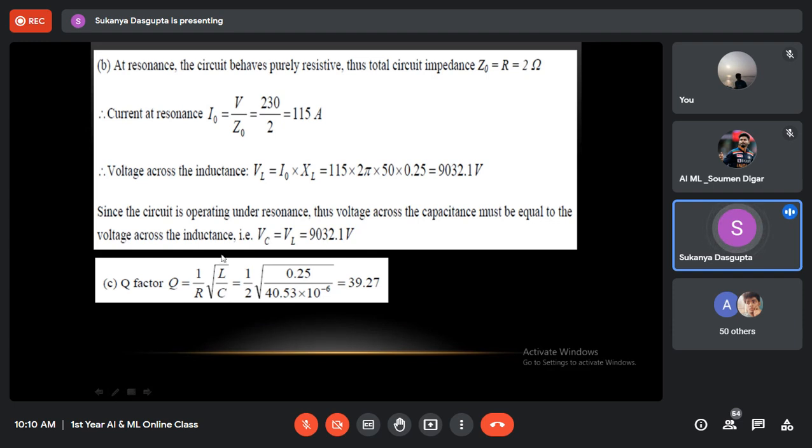And using this mathematical relationship of Q, you can calculate the quality factor Q as 1 by R square root L by C. This is the mathematical expression of quality factor for a circuit at series resonance. The value is 39.27, right? And it is unitless. All of you have understood this problem?